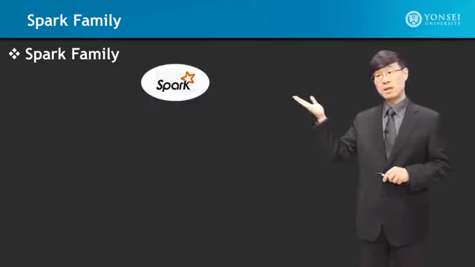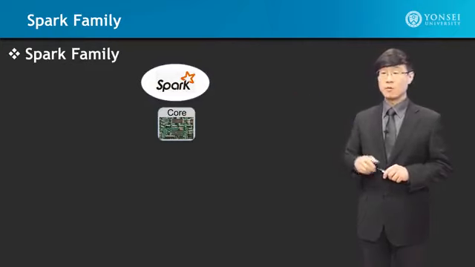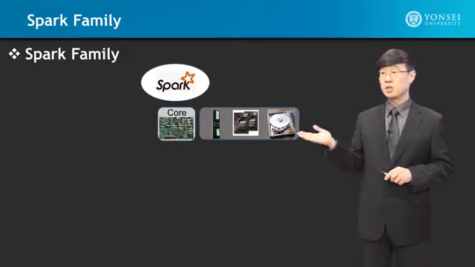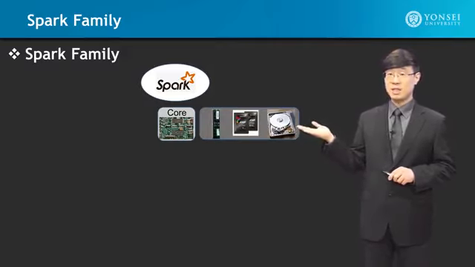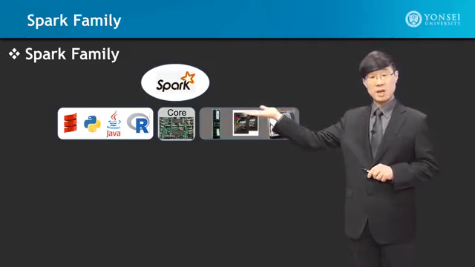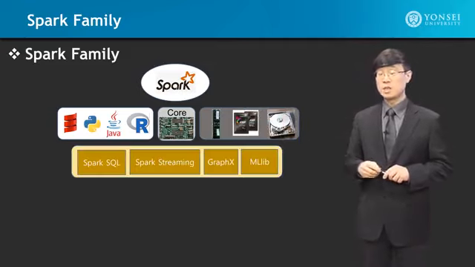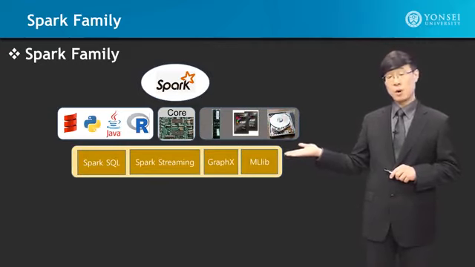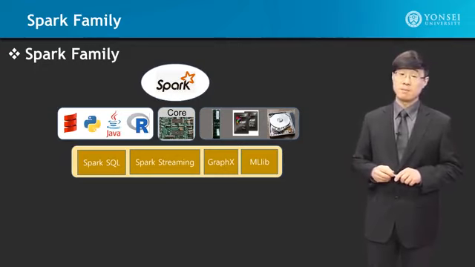Who else is in the Spark family? Of course, we have the core, which is the center of the processing. In addition, we have the memory units, the RAM, SSD, and HDD. Then we have the software, which enables the programming and the APIs, which is Scala, Python, Java, and R. In addition, we have the functional sets, which are Spark SQL, Spark Streaming, Machine Learning Library, and GraphX.